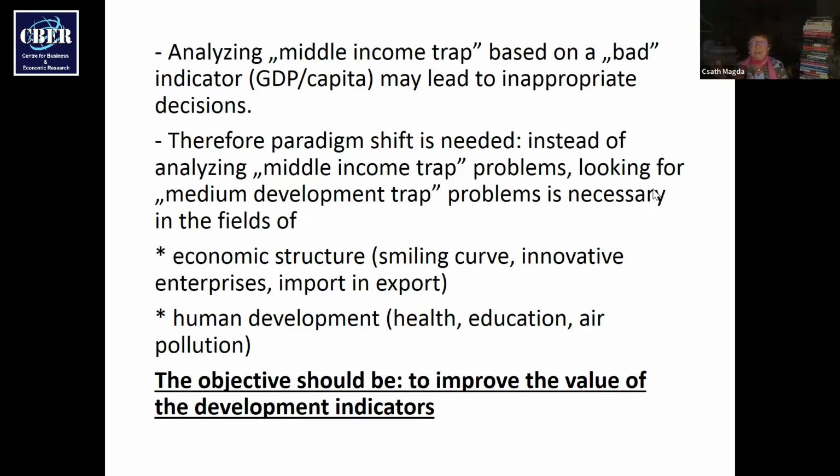Now, what are the typical development indicators? There are many of them. I would suggest a few, like economic structure, human development indicators, and of course, the objective has to be to improve the value of these development indicators.